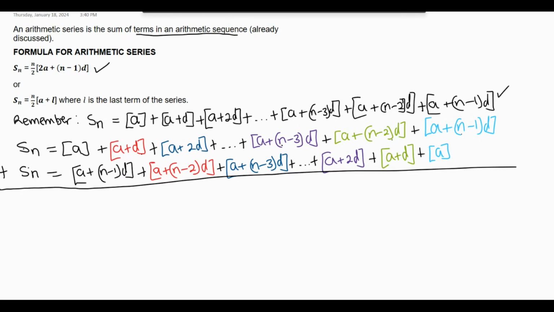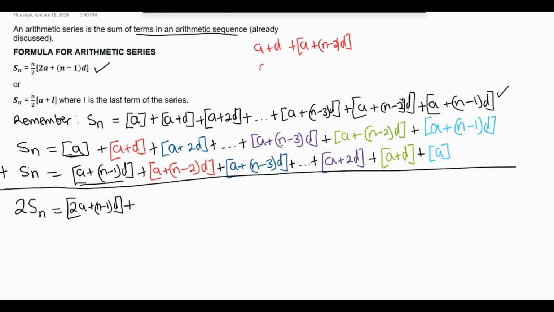So we're going to say Sn plus Sn, which is 2Sn, is equal to, and let's use the colors here. This is the first term and the last term, so a plus (a plus (n minus 1)d) is 2a plus (n minus 1)d. Then plus, let's add the red ones now: a plus d plus a plus (n minus 2)d.